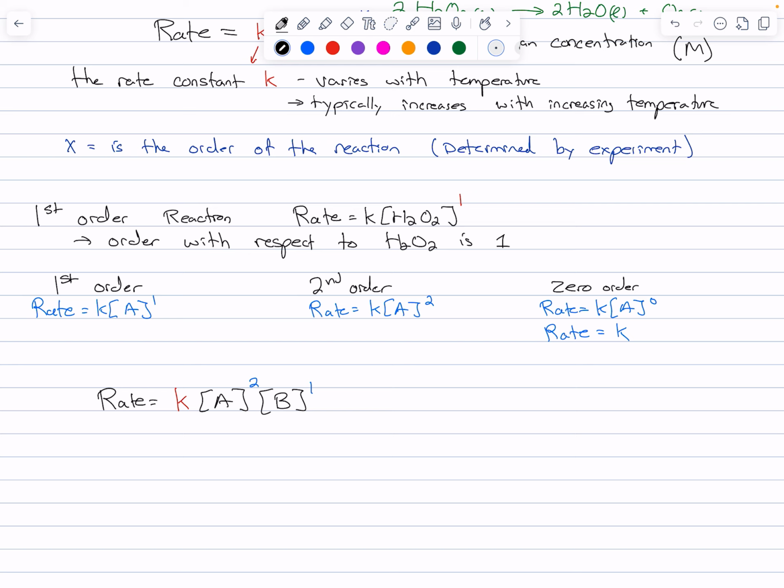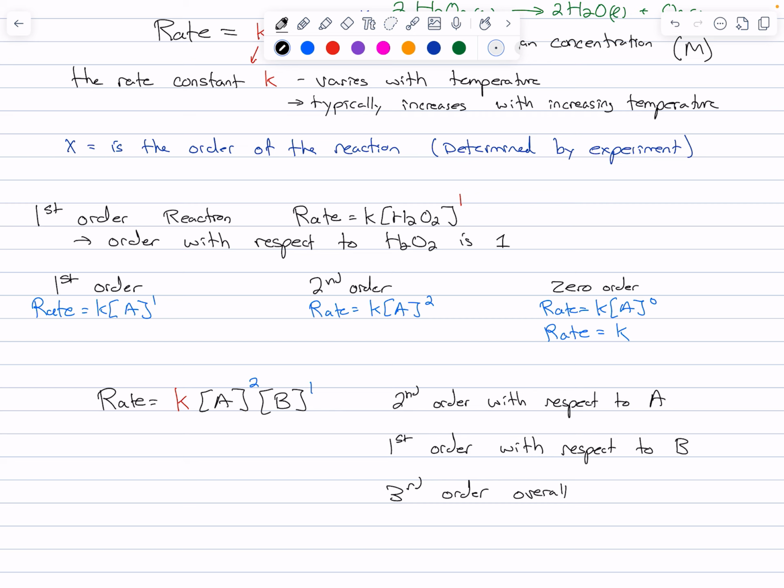We are second order with respect to reactant A. We are first order with respect to reactant B, and we are third order overall. So that's the rate law.